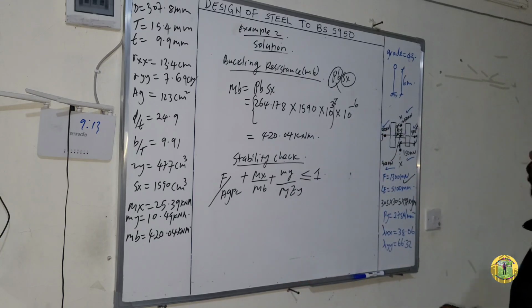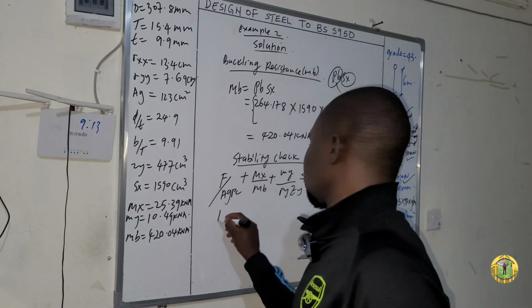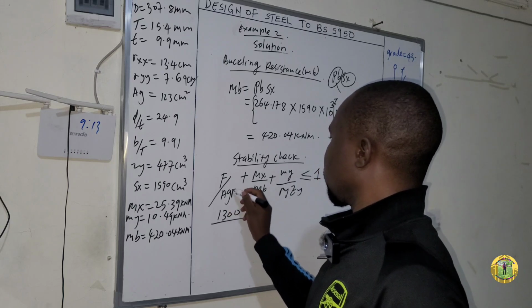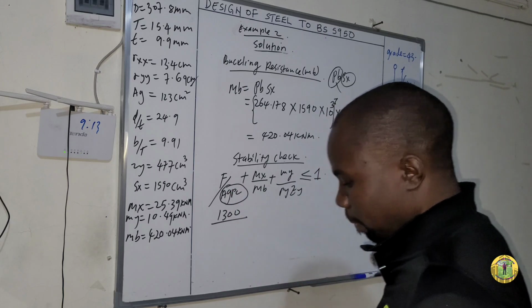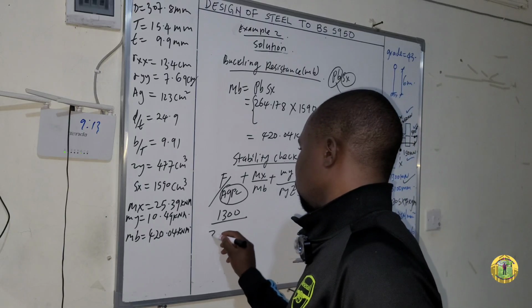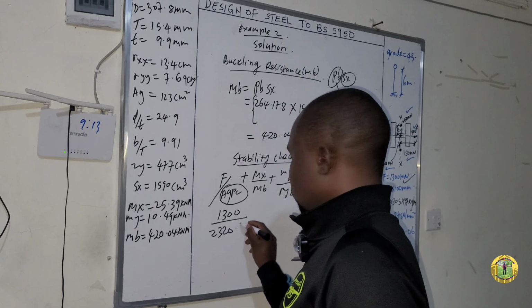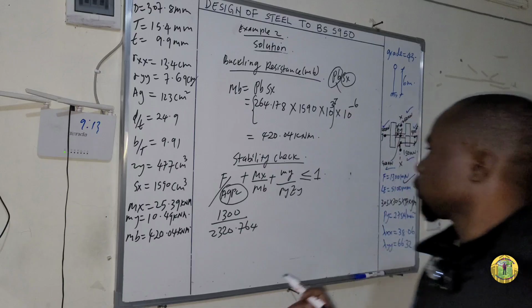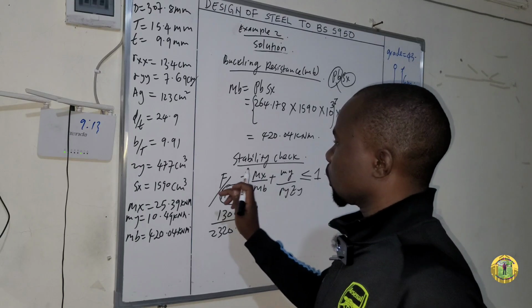So our applied force, which is F, is here, 1300 over, we have already calculated this value, and it is 2076.4. So this is the compression resistance, plus MX.